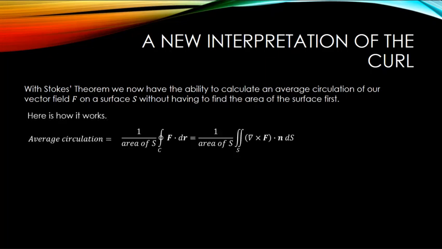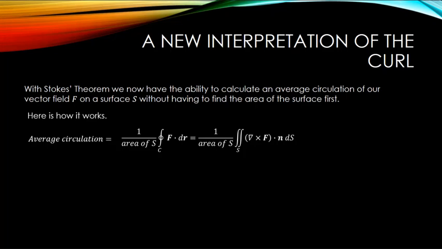My average circulation is given by 1 over the area of my surface times the closed integral over C of F dot dr, which is equal to 1 over the area of my surface times the double integral over S of del cross F dotted with n dS.